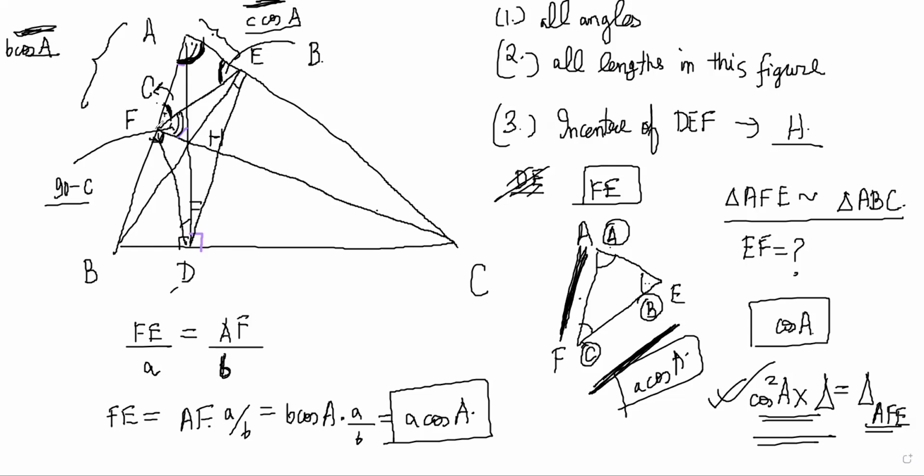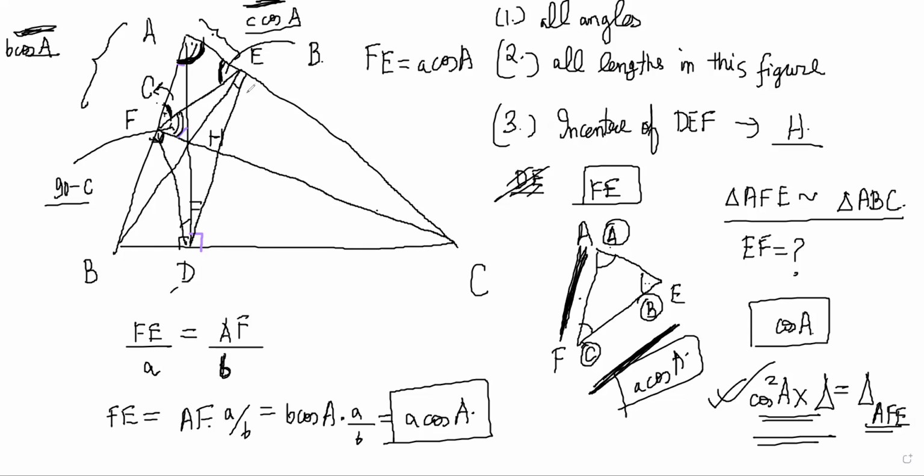So right now we have found FE, the length of the side of the pedal triangle, and that came out to be a cos A. Similarly b cos B, c cos C. Now you know that when the pedal triangle is formed, the upper triangles that are left out are similar to the big triangle.